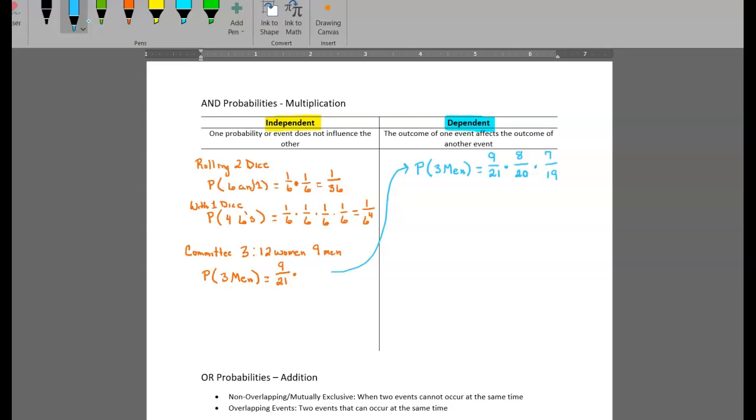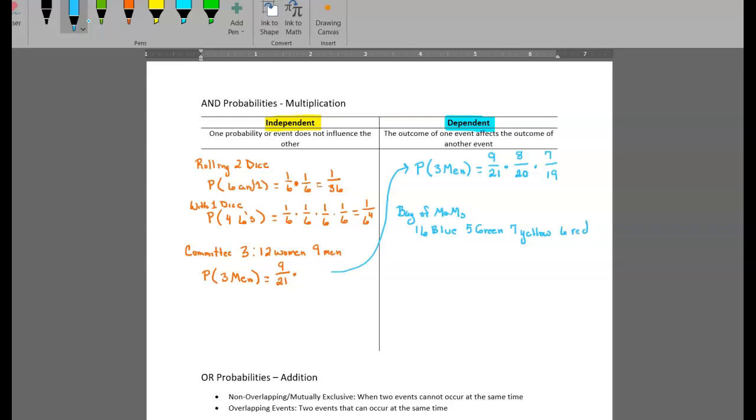Let me give you one more dependent event. Let's suppose that we have a bag of M&Ms, and in our bag of M&Ms, we have 16 blue candies, 5 green, 7 yellow, and 6 red.